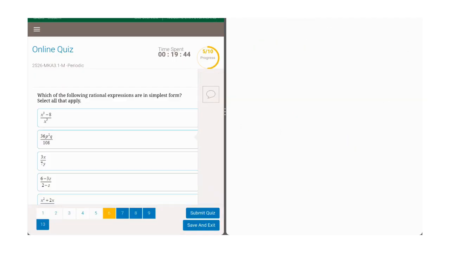For this question, we have to find which of the rational expressions are in simplest form. The first rational expression is x cubed minus 8 over x cubed. Simplest form means you cannot cancel out after factoring any part of the denominator and the numerator together.